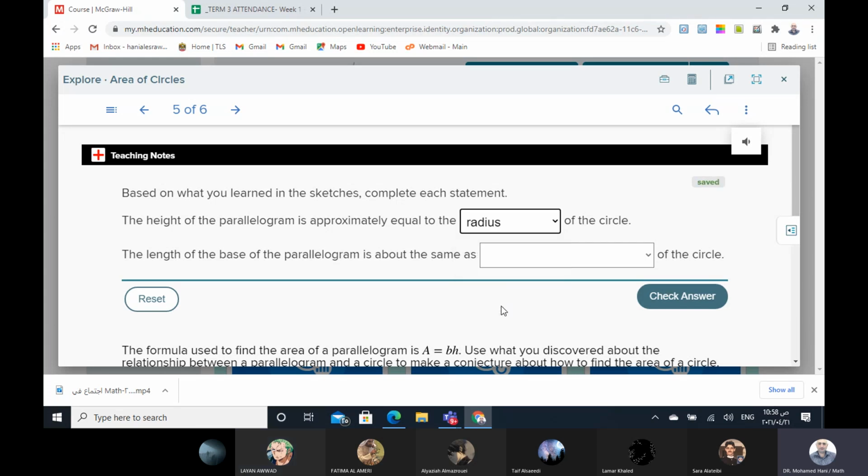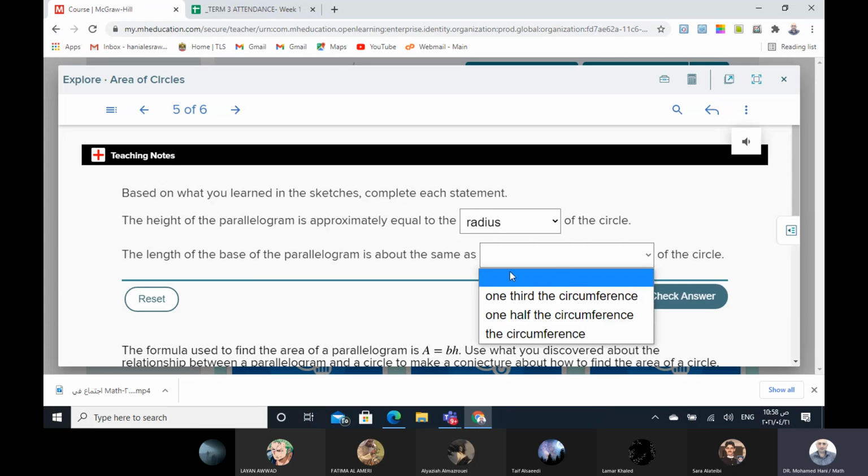The radius. The length of the base of the parallelogram is about the same as 1/3 of the circumference, or 1/2 of the circumference, or all of the circumference? All.